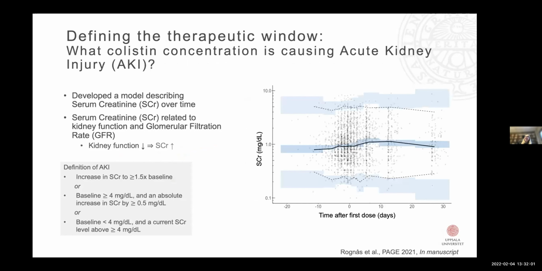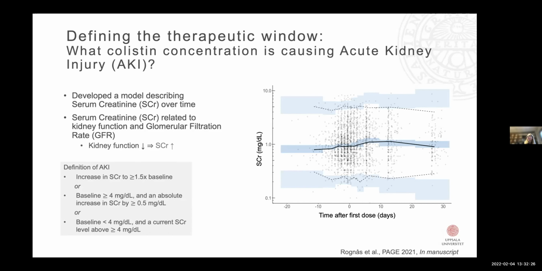So for this, Victor has developed a model describing the serum creatinine in blood over time, because that is a measure of the kidney function, or it's related to the kidney function. So if we have a reduced kidney function, then the serum creatinine levels increase.